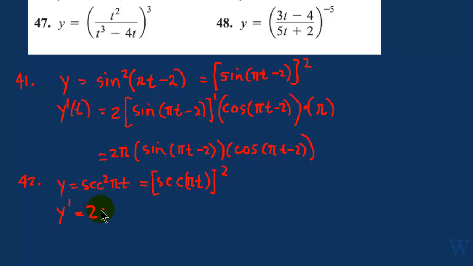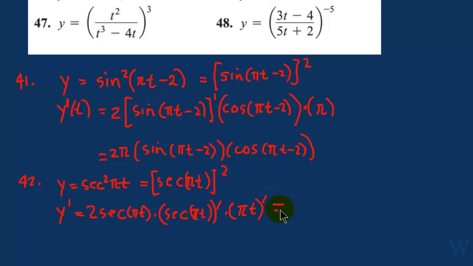So 2 times the secant of pi t. And I don't stop there because now I have to differentiate what was squared. So it's the derivative of secant pi t. And then I don't stop there because secant has an argument other than t, so now I have to differentiate pi t.